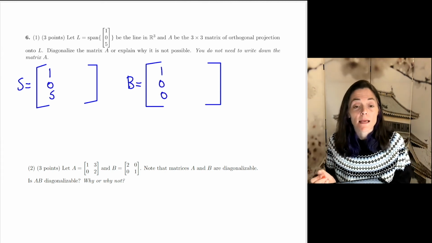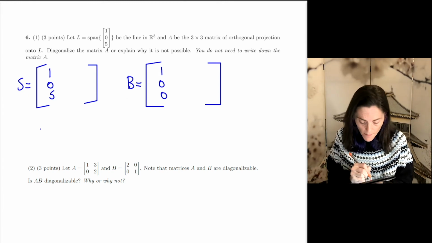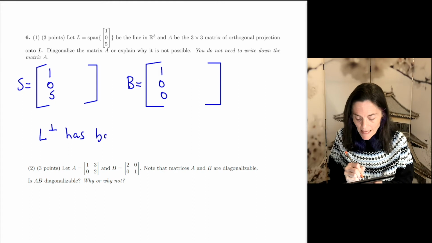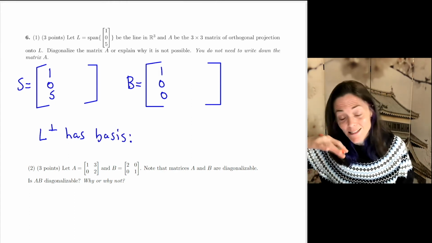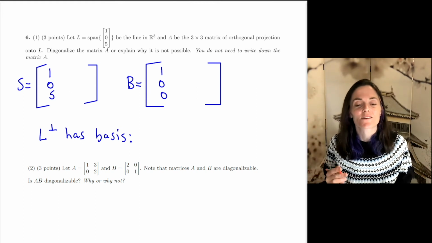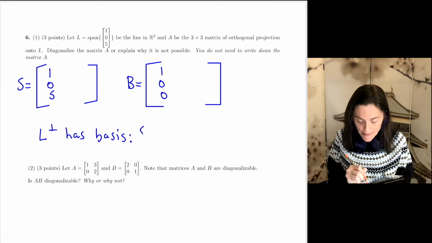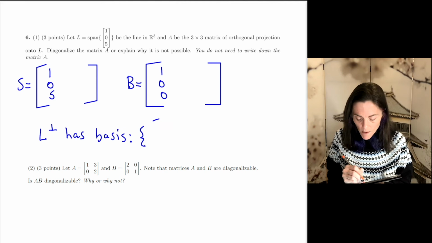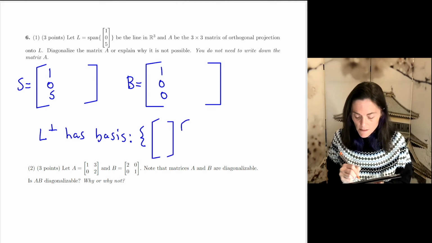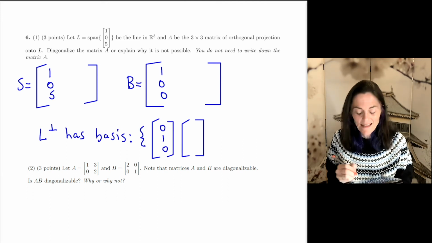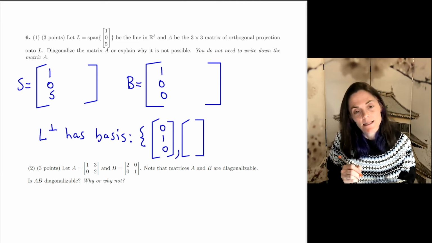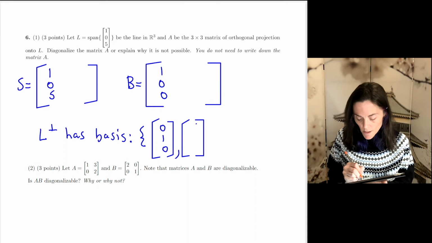But the other thing to think about, I can write a basis for L perp. We can do this one by inspection. If we couldn't, we could put this as a row of a matrix and find its kernel. That would work as well. But by inspection, we see that L perp has a basis where one of them is just E2. And the other one, we could take 5, 0, minus 1.